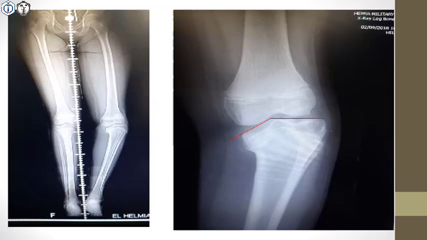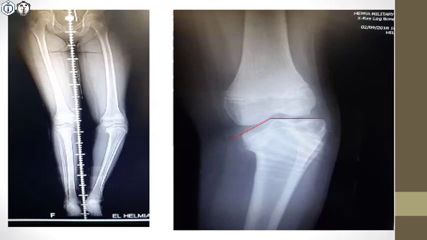This is an X-ray, and the scanogram shows pelvic obliquity, shortening of the left tibia, and depression of the medial tibial condyle.